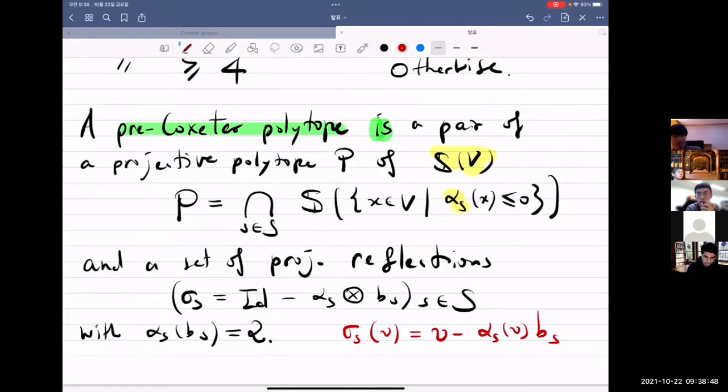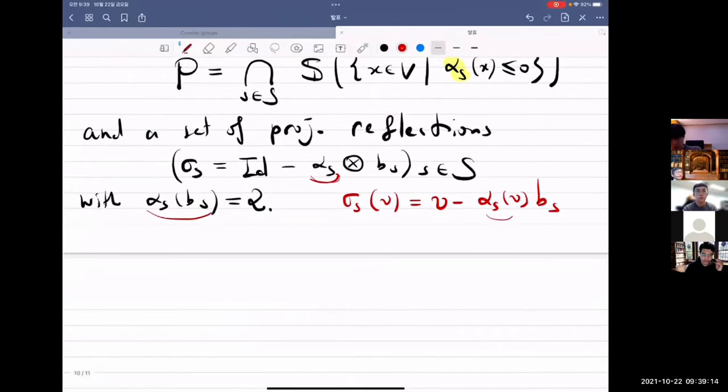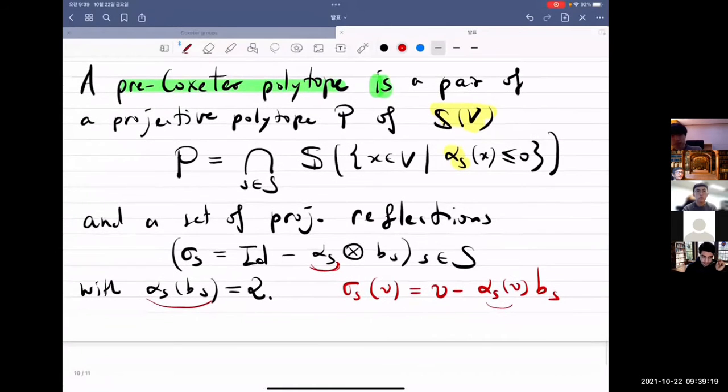If I take a vector in the kernel of alpha_S, then it is a fixed point set, right? Because this vanishes. And if I take B_S, then sigma_S(B_S) is exactly equal to minus B_S, because I assume alpha_S(B_S) is 2. So this is a reflection vector. Okay, so the pre-Coxeter polytope is simply the polytope together with the projective reflections.